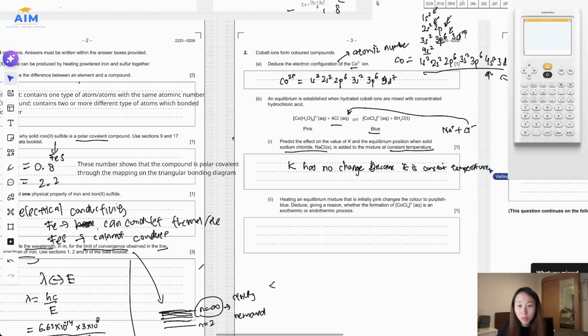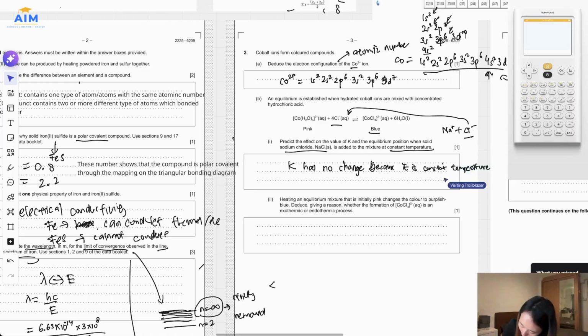How about the equilibrium position? The equilibrium position will change. Because there is Cl- added on the left side, to make the equilibrium stable again, it will shift to the right side. If you all remember Le Chatelier's principle, if you add concentration on the left side, it will try to balance it by moving to the product side.